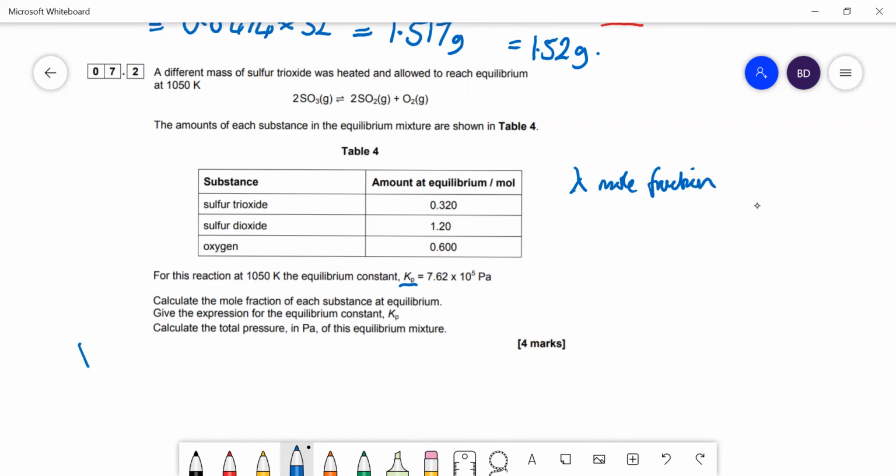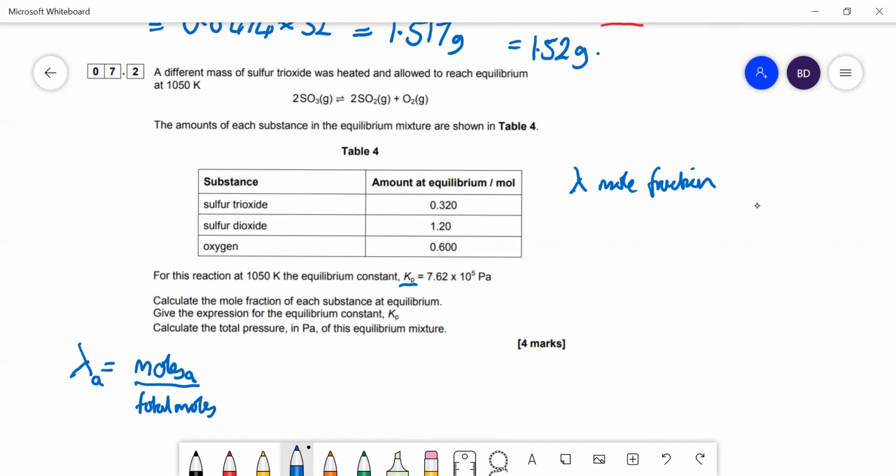Now just to remind ourselves that mole fraction is equal to the moles of the thing you've got. Mole fraction of, say, A is the moles of A over the total moles. Well, what's the total moles we've got here?